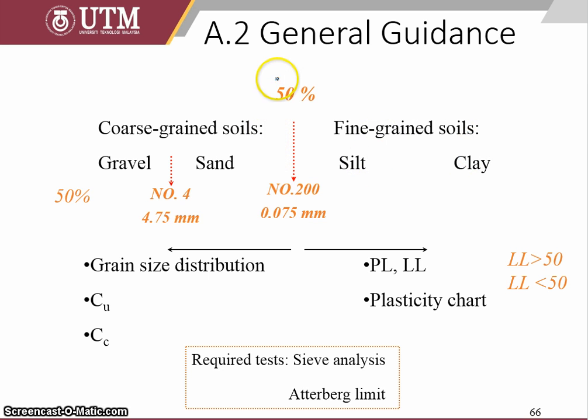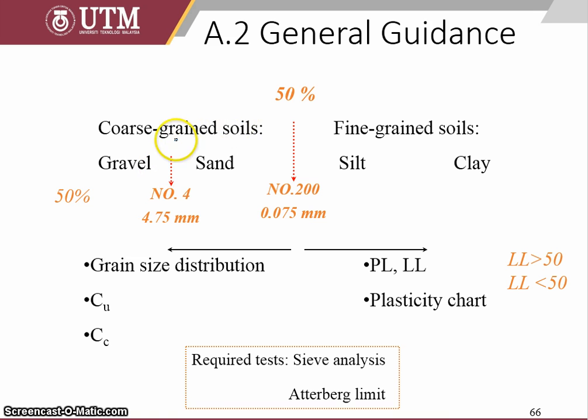So how do we know if it is coarser grain or finer grain? We check the number 200 from the sieve test. If we have more than 50% coarse grain soil, we use this path to classify the soil.